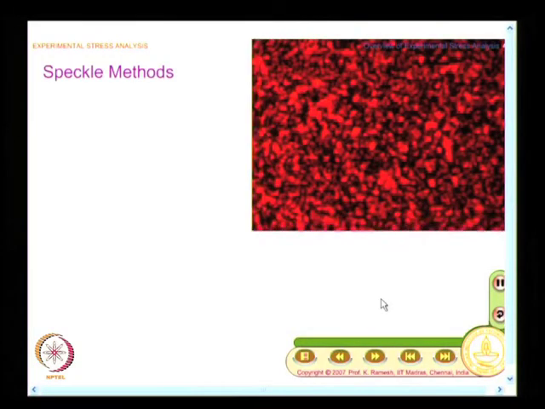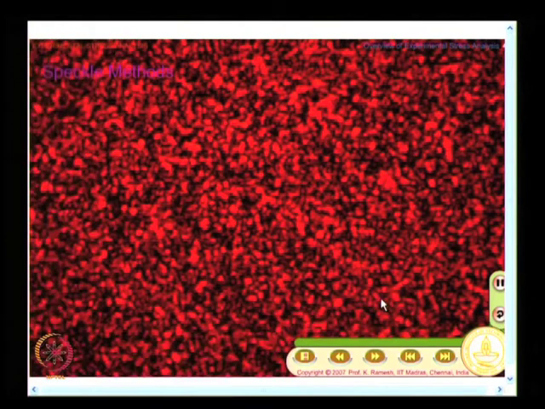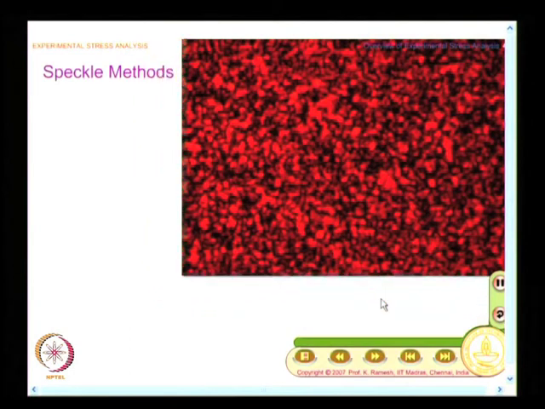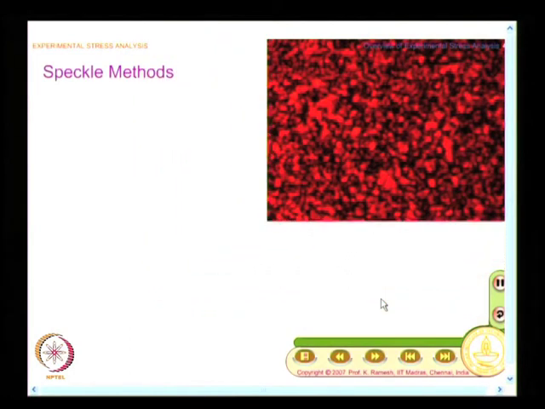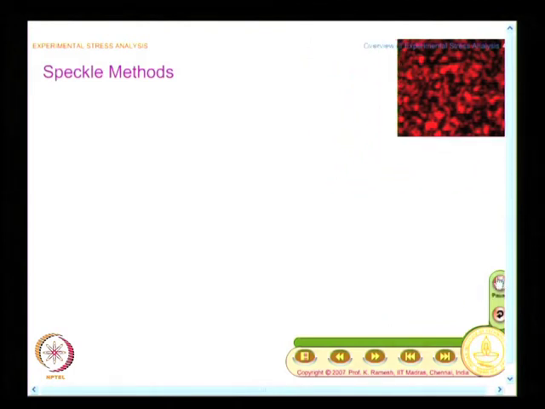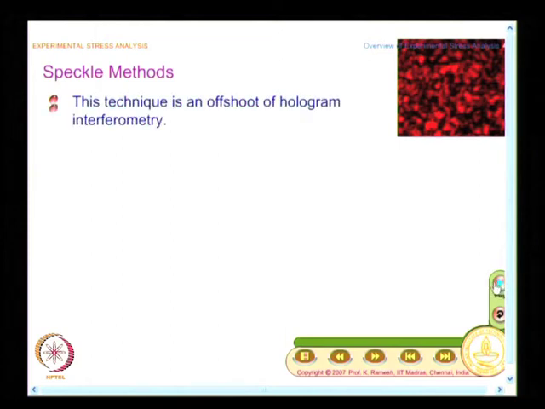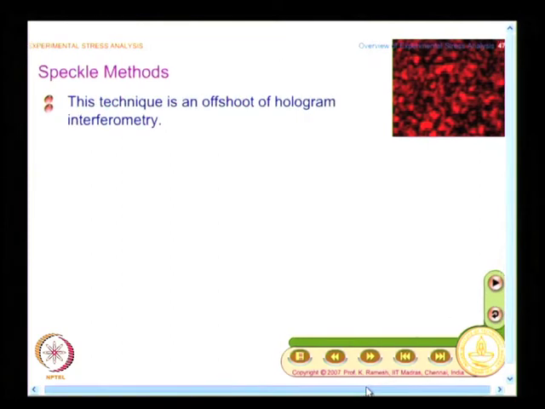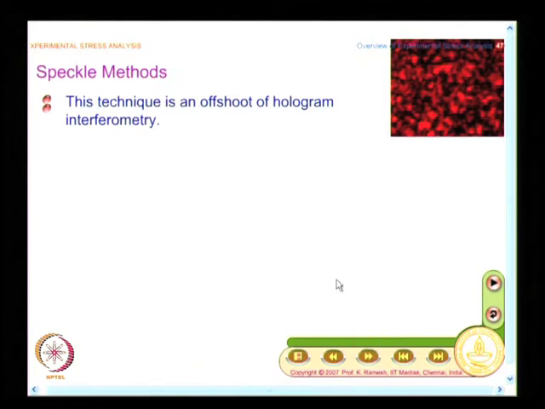You just see the speckles first, and these are all the laser speckles, and this is just to give you a feel of what the speckles are. I have shown this animation. And obviously, this is an offshoot of hologram interferometry, and we have already seen that whenever you have a coherent illumination, you have formation of speckles.